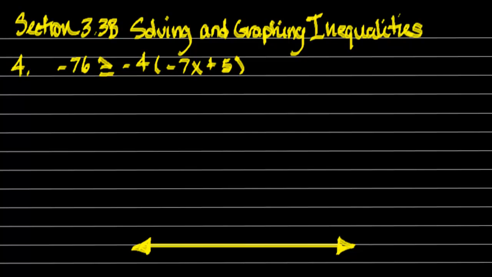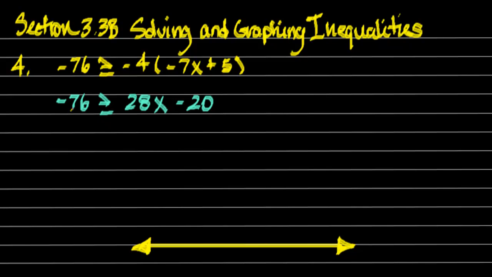I've got a negative 76 is greater than or equal to, let's distribute a negative 4 to a negative 7 is 28. So 28x, and negative 4 to a positive 5 is a negative 20. So now my inequality is a negative 76 is greater than or equal to 28x minus 20.